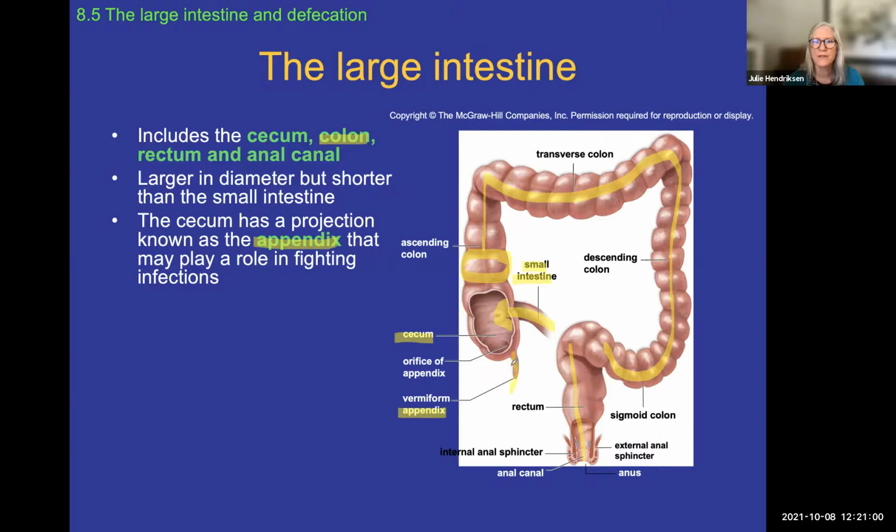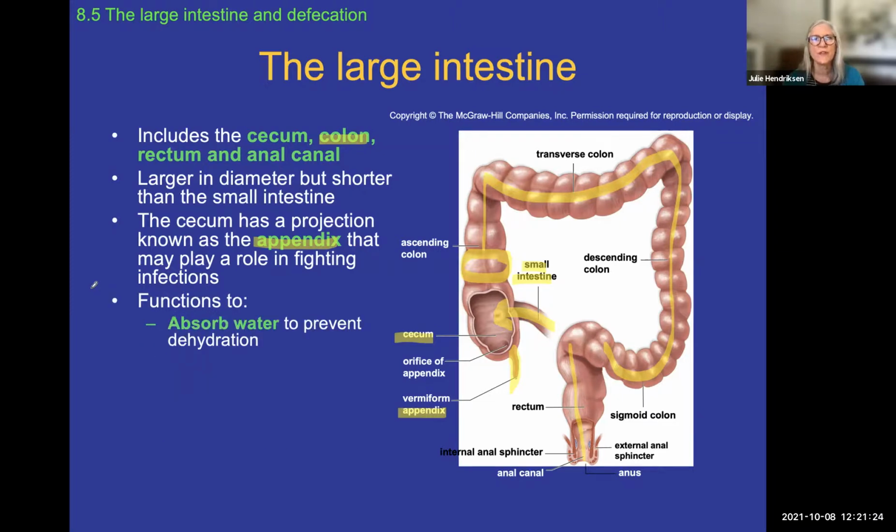So here it is down here. That's the appendix, a tiny little finger-like structure. It's kind of like a worm. And in fact, the word vermiform appendix really means worm-like. And so, of course, that's not something that you have to have. It can be removed if it's inflamed with appendicitis.